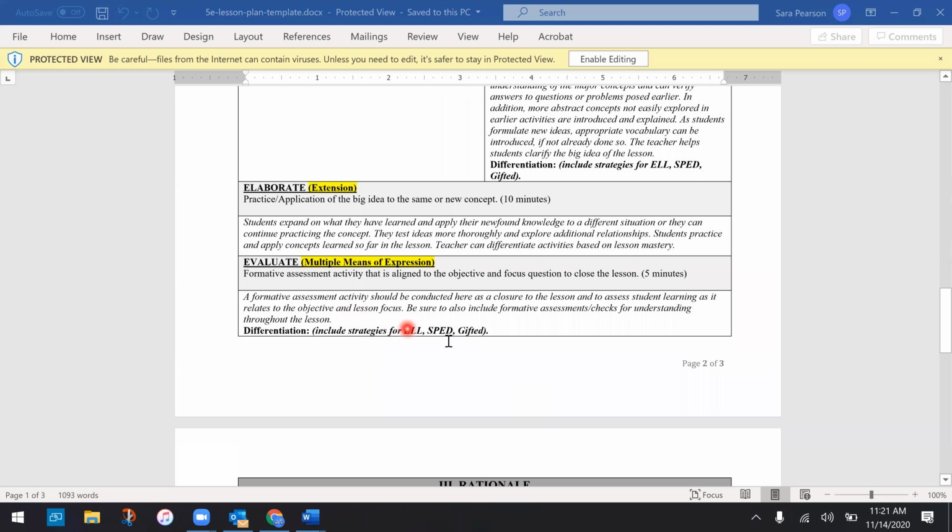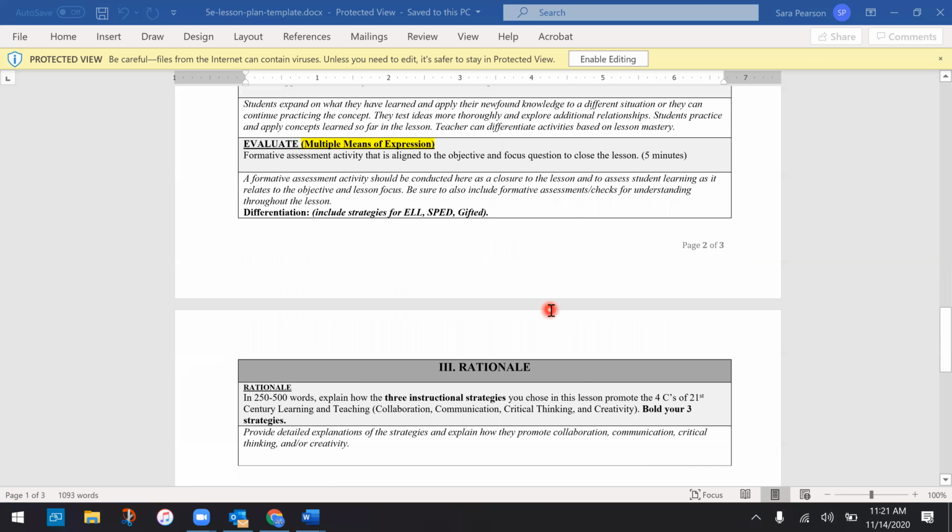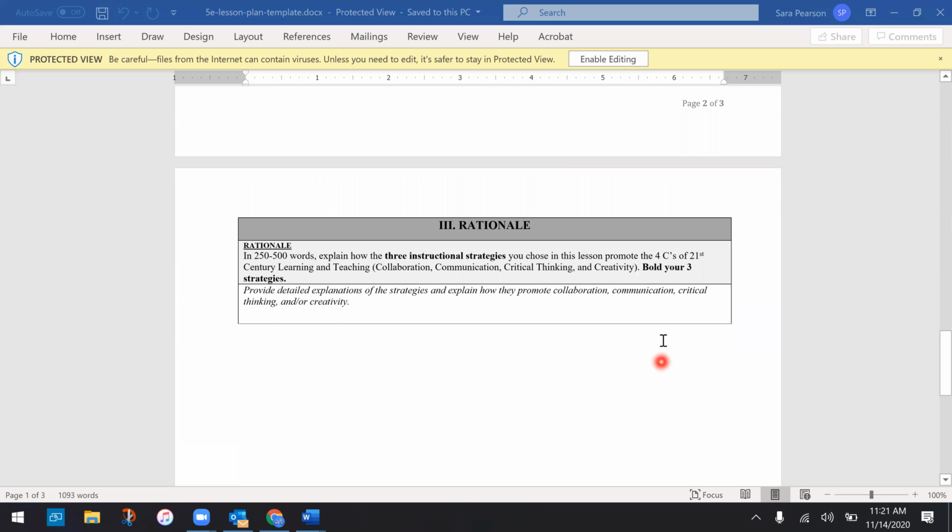And then how are we going to support our language learners? In the rationale, just go ahead and explain 3 instructional strategies you use and how they support collaboration, communication, critical thinking, and creativity. I should see those 4 words throughout your rationale.